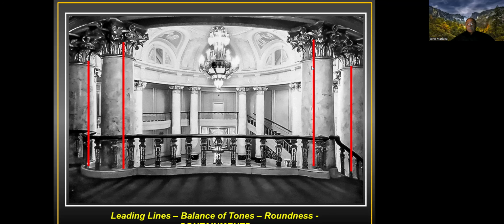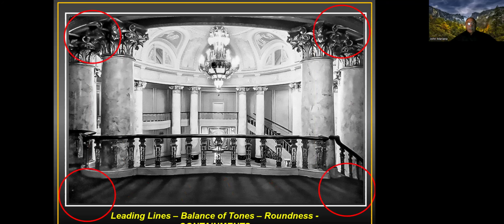The structures here keep you from going off the left and right-hand side. The leading lines on the floor. So I could have cropped this so that I was getting only the balcony, but that would not have given me the leading lines. Then I have a balance of tones, upper left, upper right, lower left, the balance a little darker to the rest of the image.